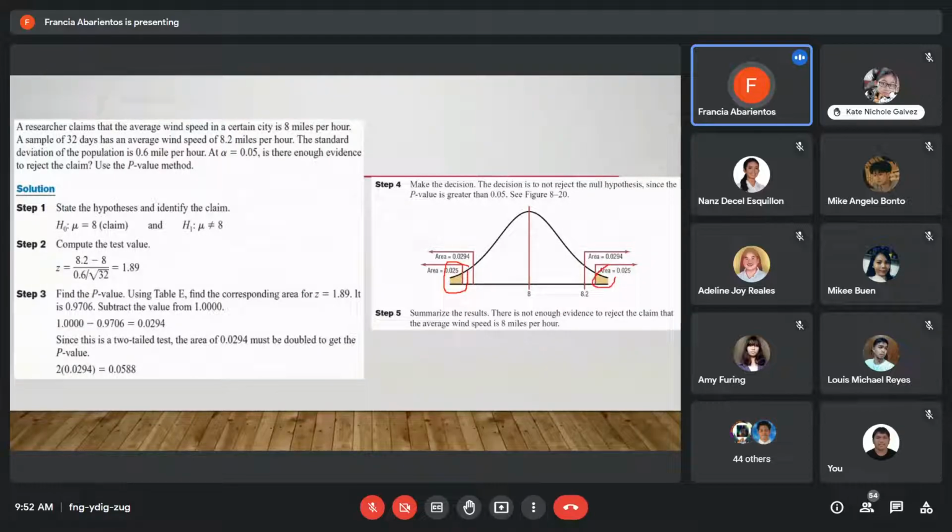Divide by 2 kasi that is the rejection area. Okay, so that is now your area, so that is your alpha. So there is not enough evidence to reject the claim that the average wind speed is 8 miles per hour.